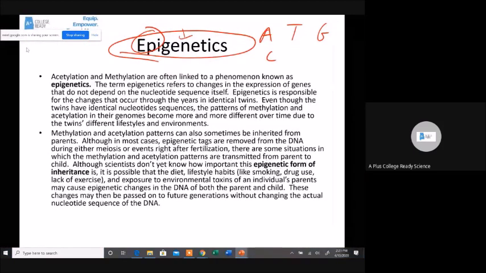So what they found though is that typically what will happen in a zygote, or at least the early part of embryonic development, the acetyl groups and the methyl groups that were attached to the DNA that the individual inherited from their parents, those are removed. And essentially you start with a blank slate. But what we found, there's certain conditions where certain methyl groups and certain acetyl groups actually get inherited.